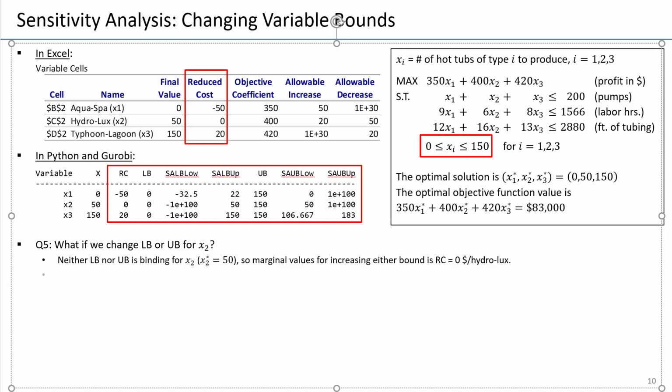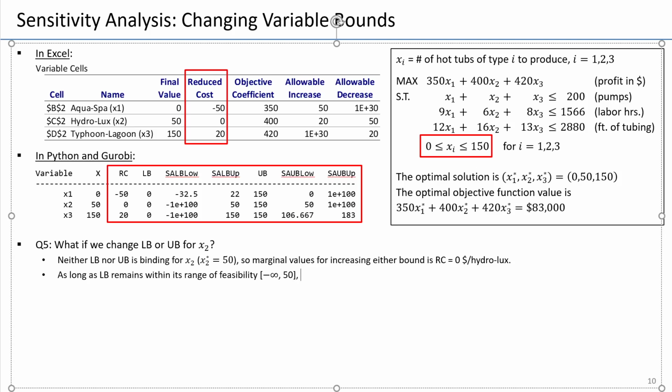So as long as LB remains within its range of feasibility, what is the range of feasibility for lower bound? It's from minus infinity to 50, right?